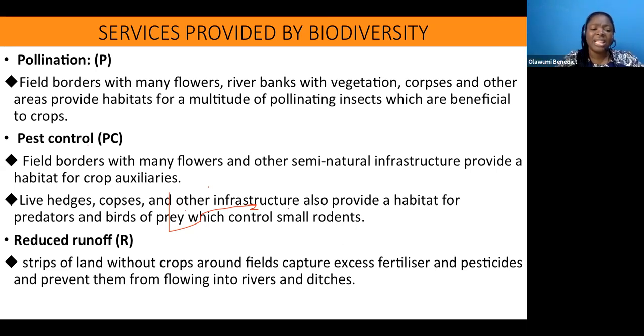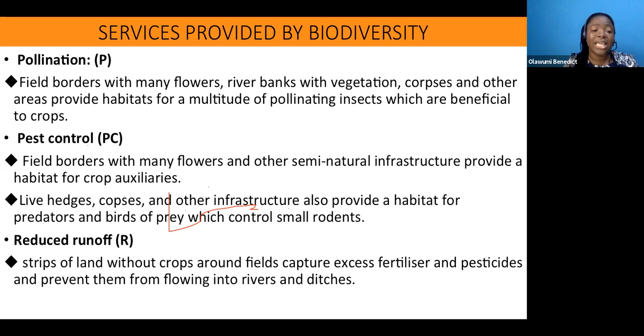They all come there, they help pollination around our farms, and then they increase our yield. That's their work, because when they pollinate, we have more fruits in whatever we are growing, and more fruits result in more yield, which results in more income at the end of the day. So these are very important services that good biodiversity provides for us.